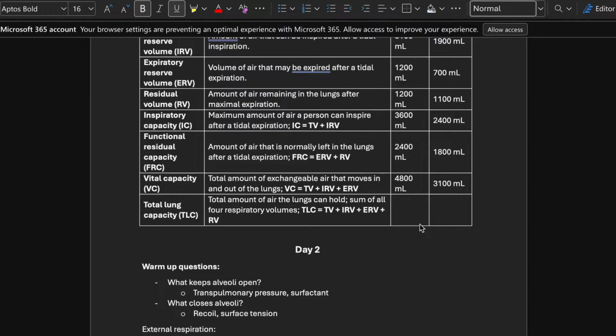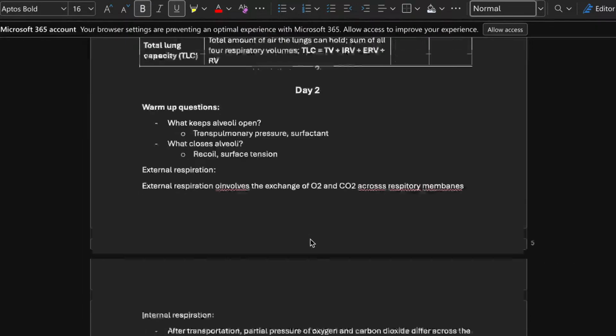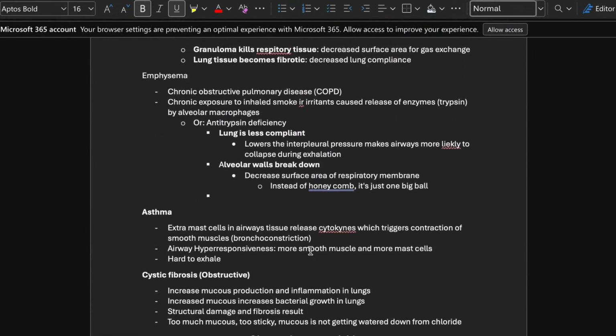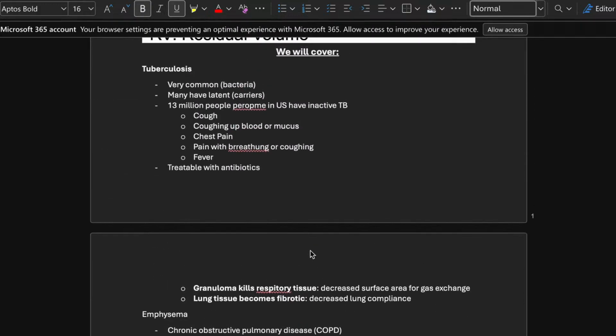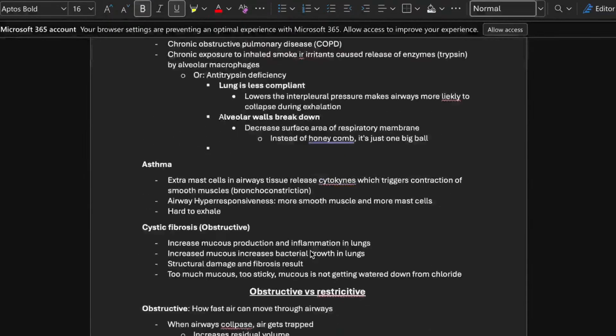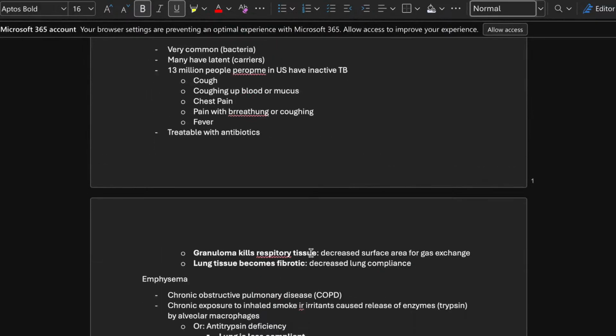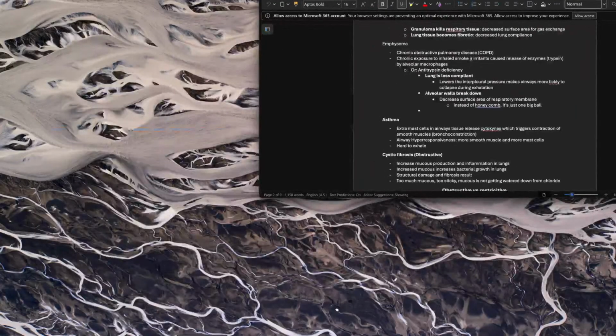Just remembering the volumes is something else I'll have to do, and remembering all those pulmonary diseases, which are emphysema, asthma. Yeah. Oh, cystic fibrosis and tuberculosis. So tuberculosis is going to increase volume. Yeah, I'll have to ask which ones are obstructive and restrictive, but that's about it.